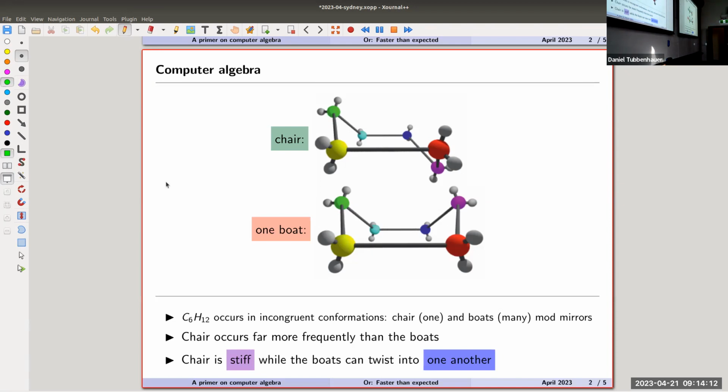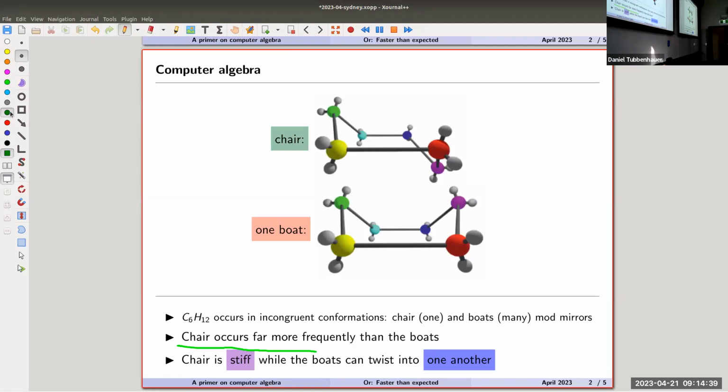That's the chemistry. You have those 2 types of solutions, which I don't know why people call chair and boat. Maybe you can see why. For me, neither of them looks like a chair or a boat. But anyway, you have those 2, and they're really incongruent. You can just see that. The chair appears really often, and the boat is really rare.